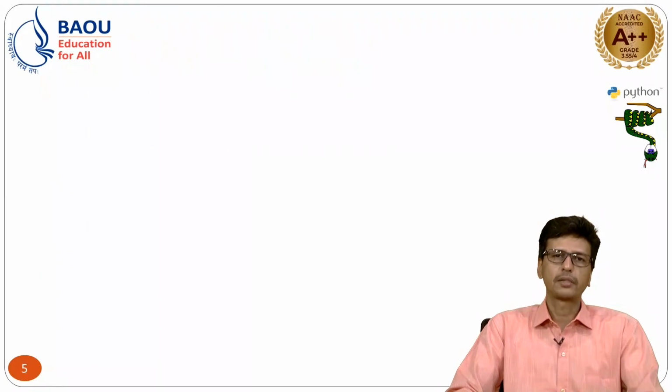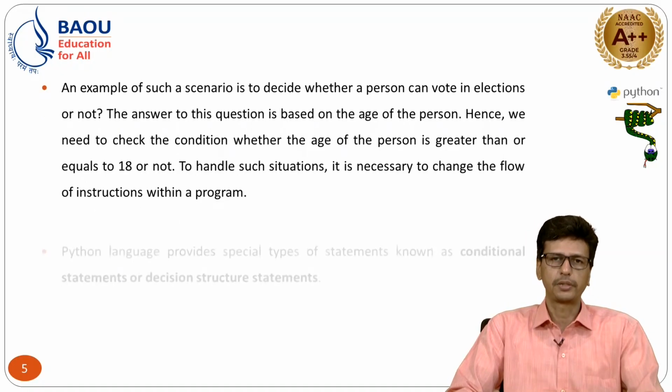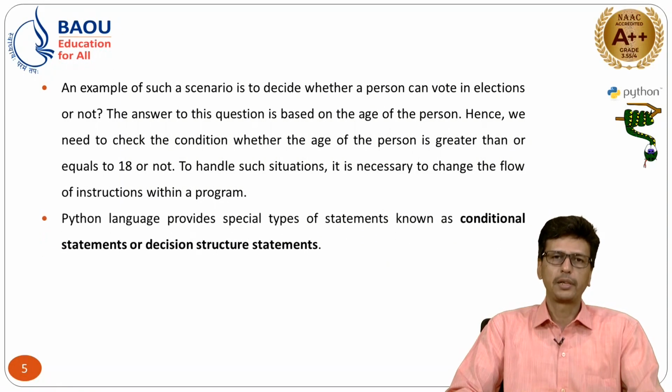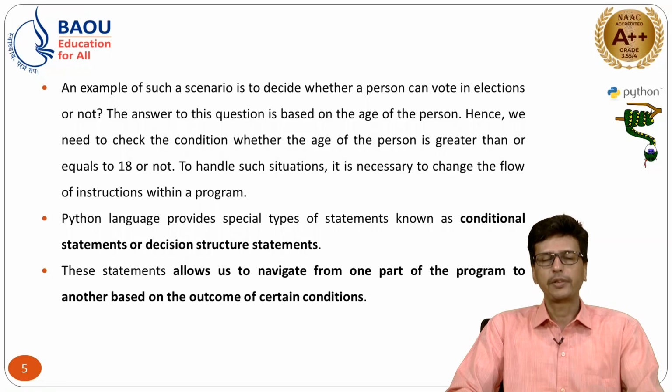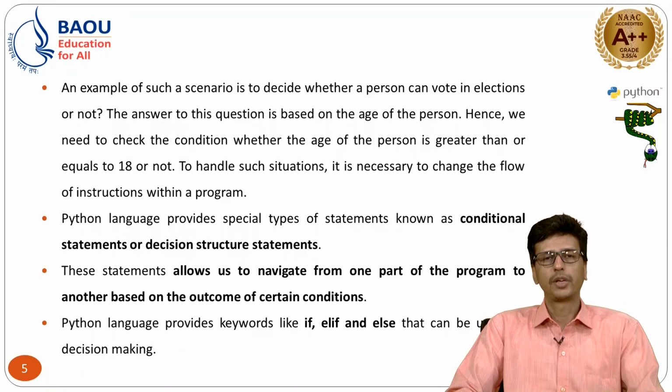If you require this, you need control statements, or decision making statements. In Python programming we have three decision making statements: if, if else and if elif. These allow you to navigate from one part of the program to another.